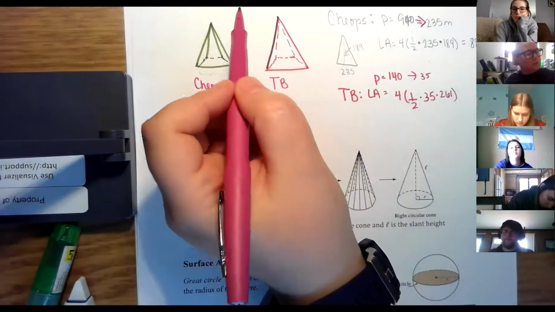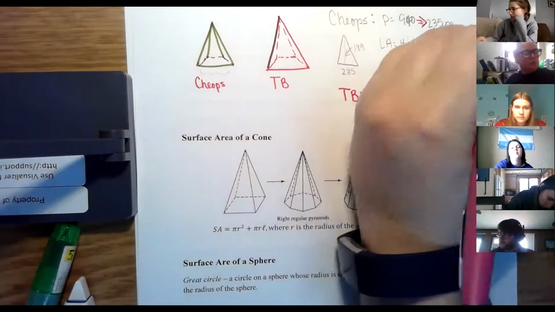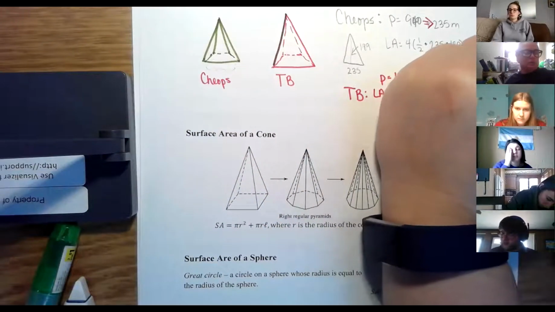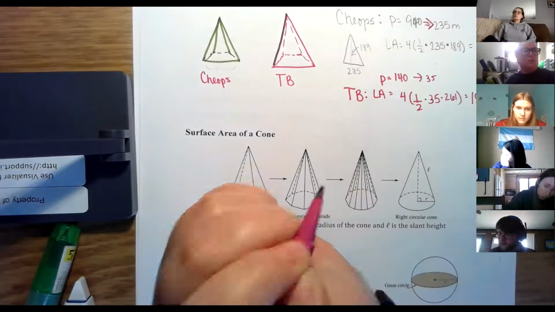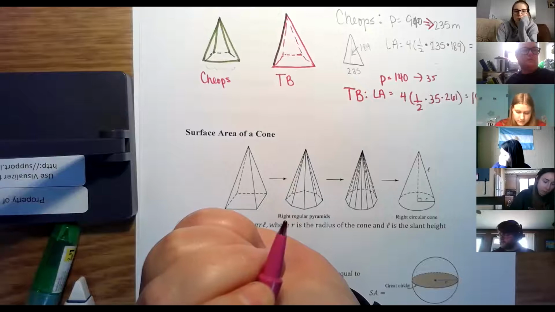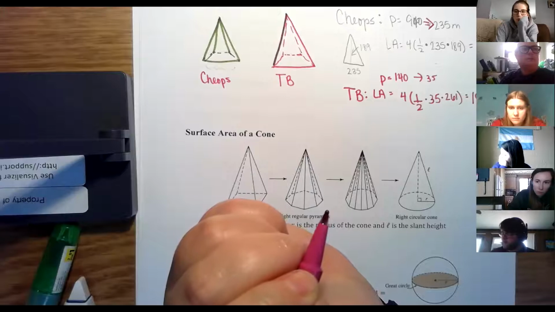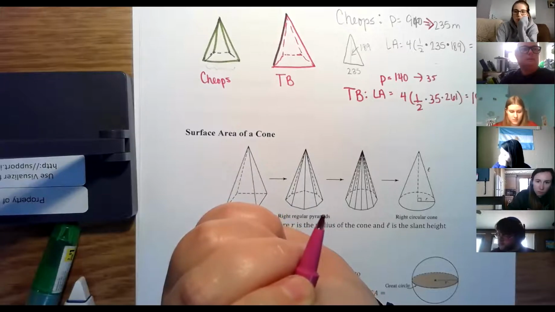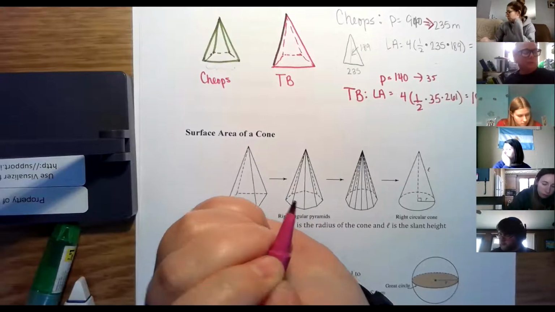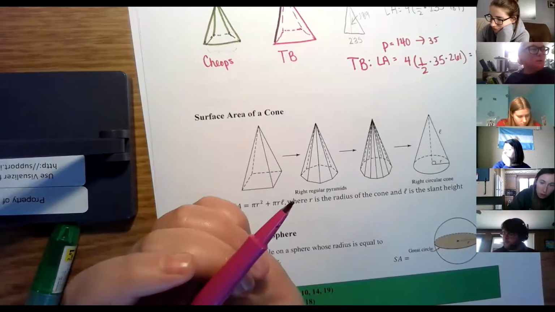Yeah, because you want the altitude of the triangular face and not the height of the actual pyramid. And that'll give me 18,270. All right, so how do these compare, Ilsa?